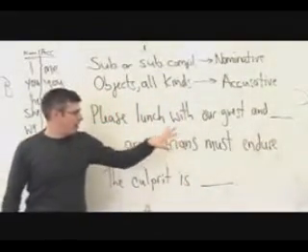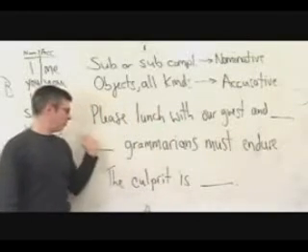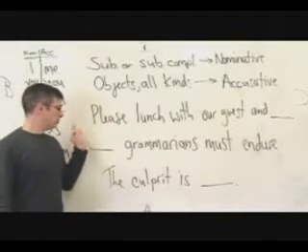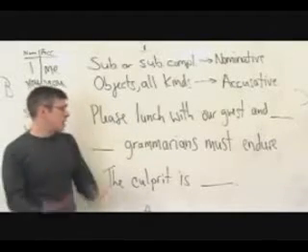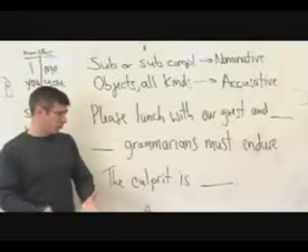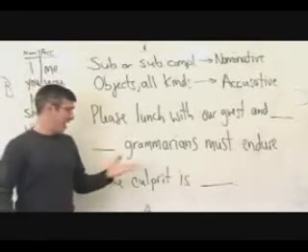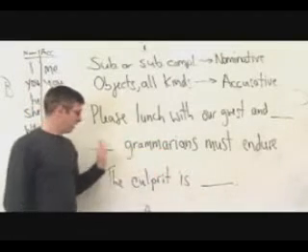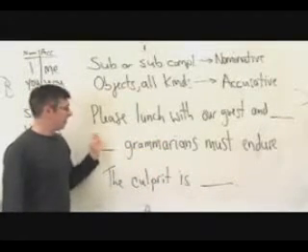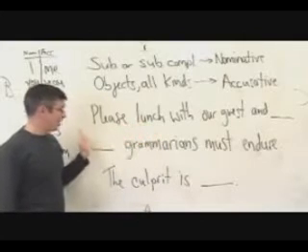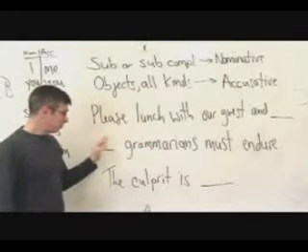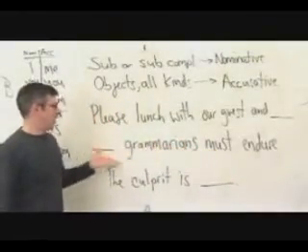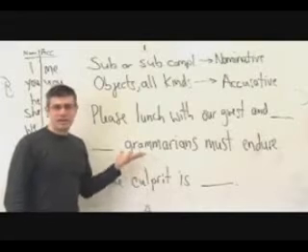Blank grammarians must endure. So the question here, suppose it were the first person plural, is it we grammarians must endure or us grammarians must endure? And the answer comes by looking at what this thing does in the sentence. It is functioning as the subject. Must is the verb, and blank grammarians is the subject.